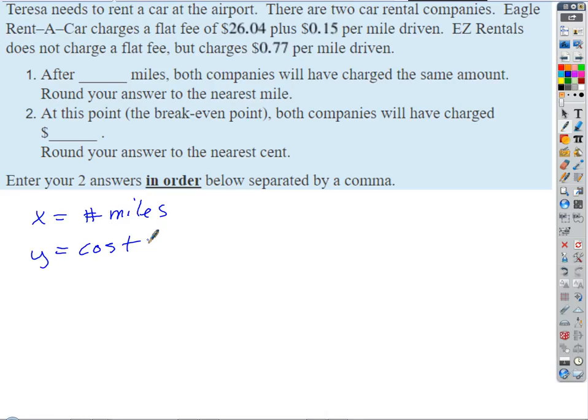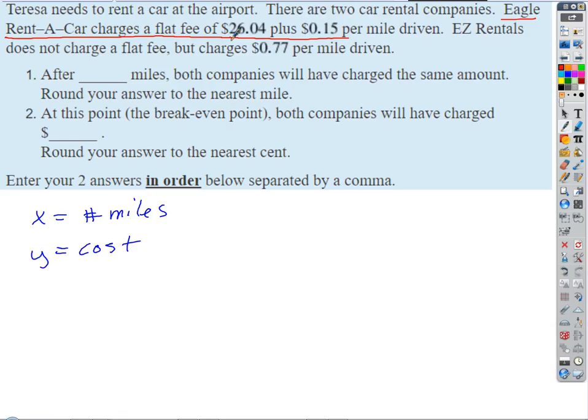So now we've just got to come up with equations involving those variables for each situation. So let's just color code this. We'll say that Eagle Rent-A-Car is going to be our red equation. How do we say that? That the cost is going to be a flat fee plus a mileage rate of 15 cents per mile.